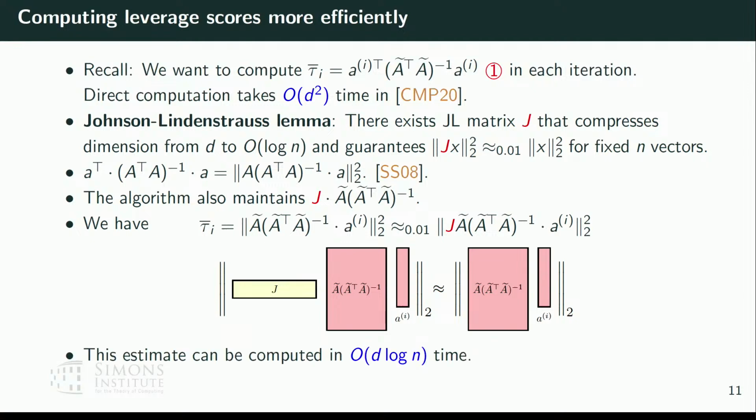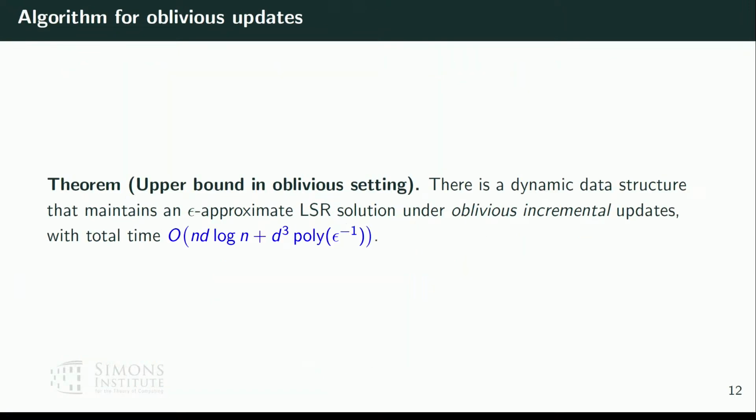So this only takes d times log n time. Actually, it only takes nnz of a_i time, but I'm writing d here just for simplicity. So this will give a total running time of nd times log n. Okay, and that's the first term that we get here. And the second term comes from all the updates, and this is how we get this running time.